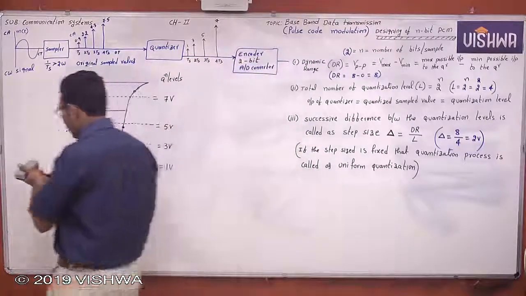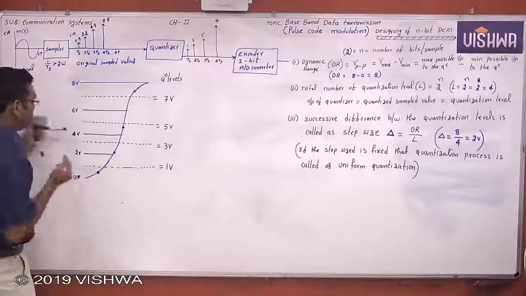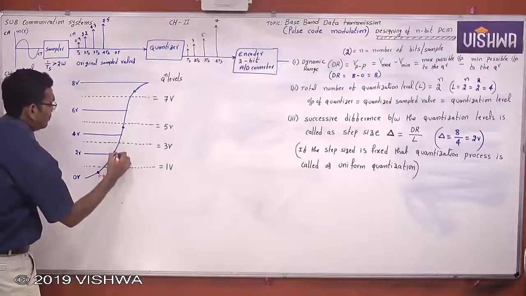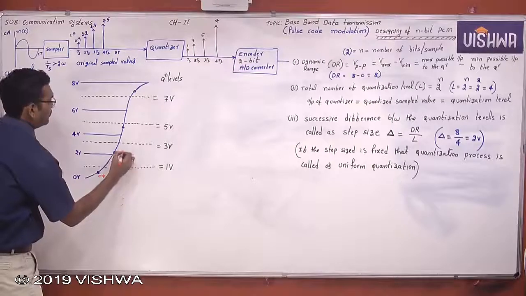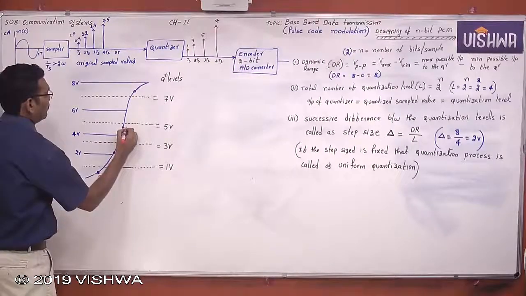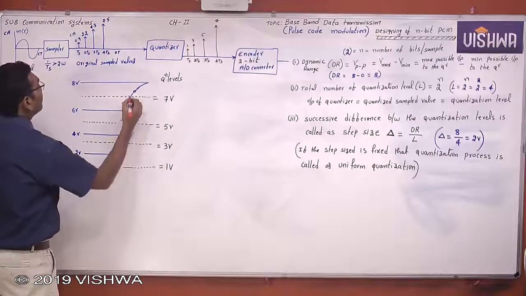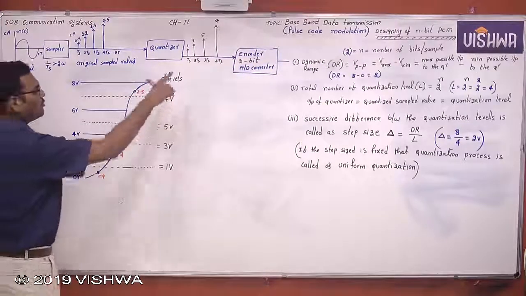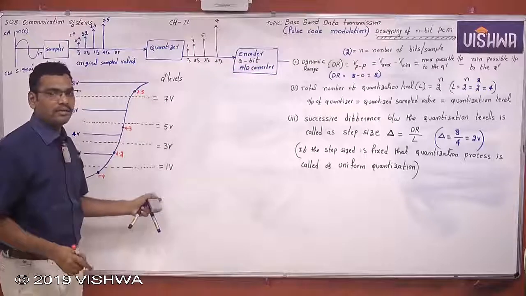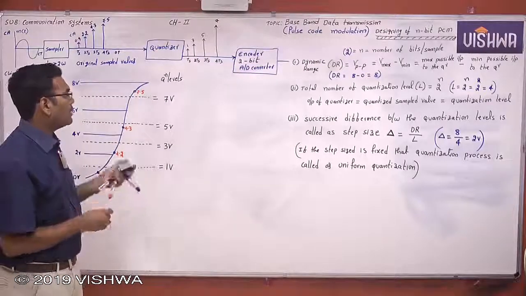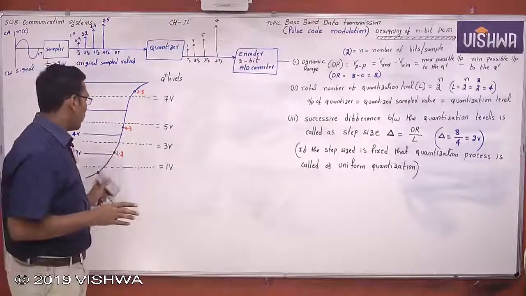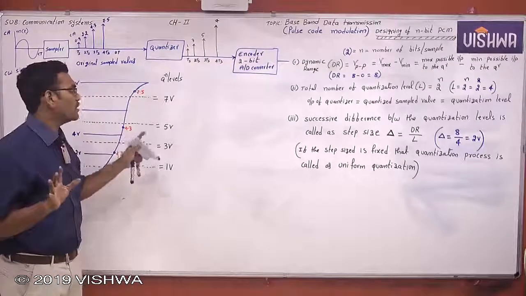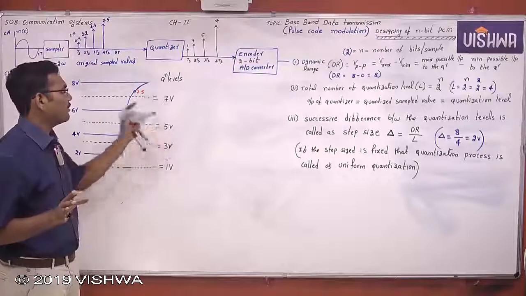These are the original sample values: 0.9, 2.2, 4.3, 7.5, rounded off to the nearest quantization level. What is a quantizer? The quantizer is used in the transmitter to round off the original sample values to the nearest quantization level.